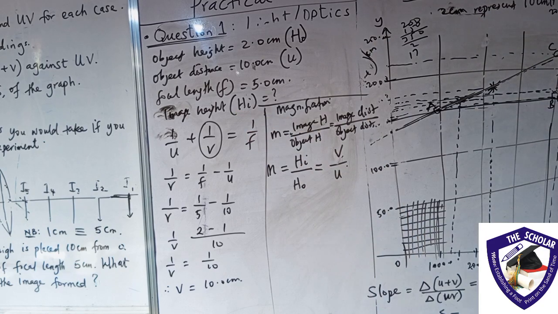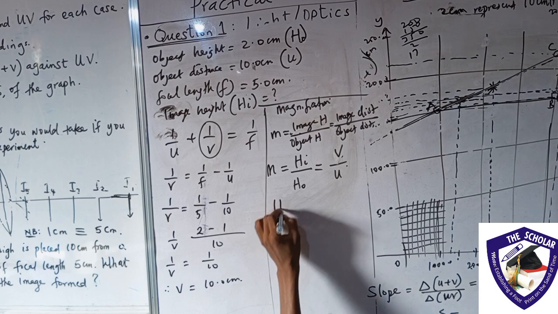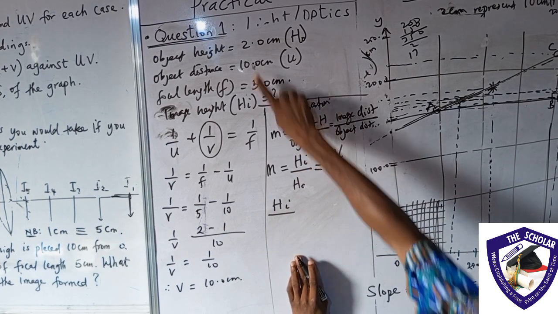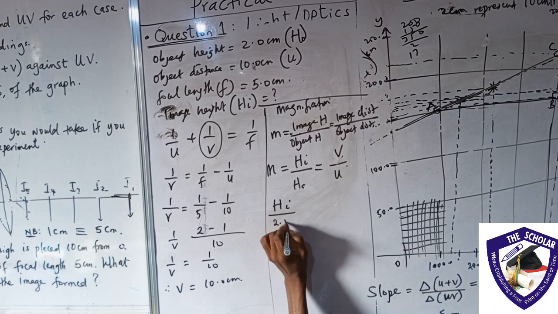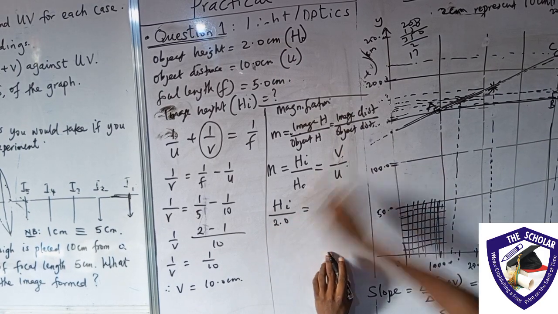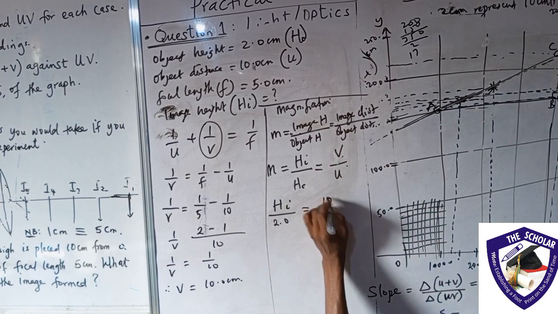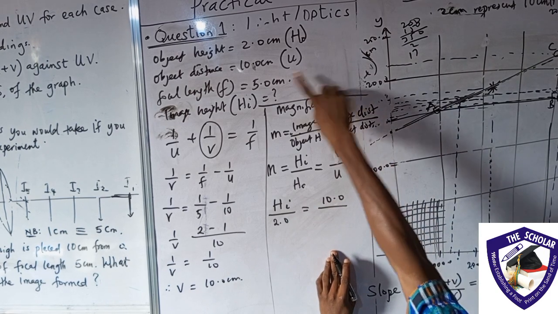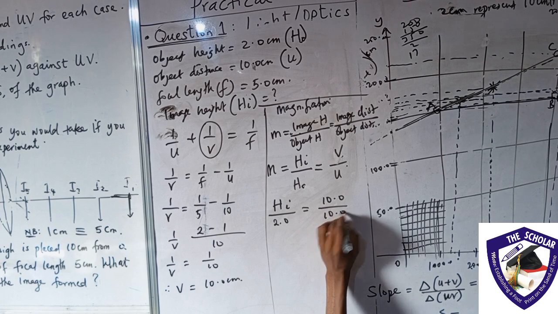So using that ratio, HI over my H naught is given as 2.0 is equals to V, which is what I got in there, 10.0 over U. What's our U? That is also 10.0.